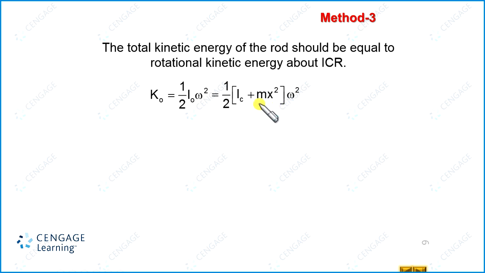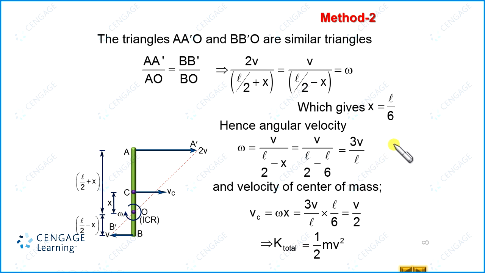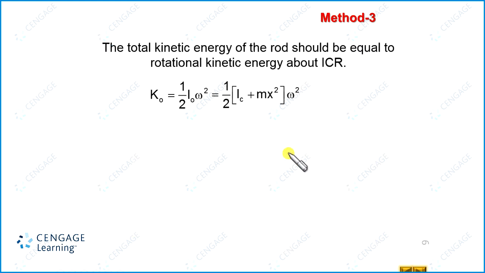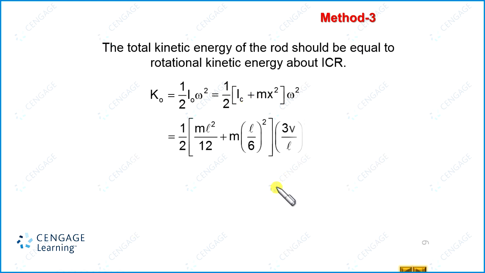Now we can substitute the value of x equal to L by 6, which we have calculated, and IC equal to ml square by 12, and omega we have calculated as 3V divided by L. After solving, we will get the same value, that is half mv square. Now let us move to the next illustration.